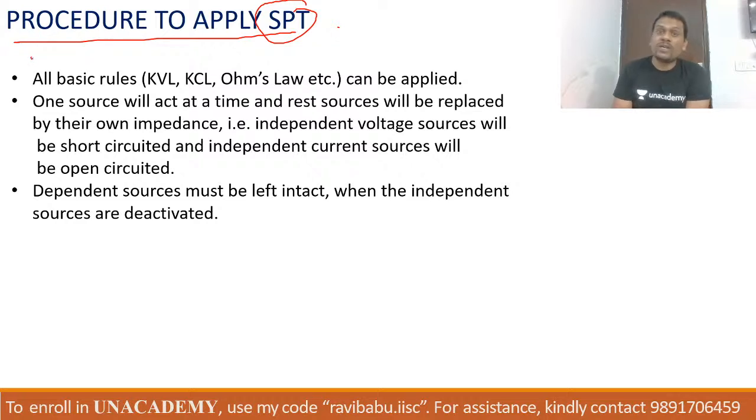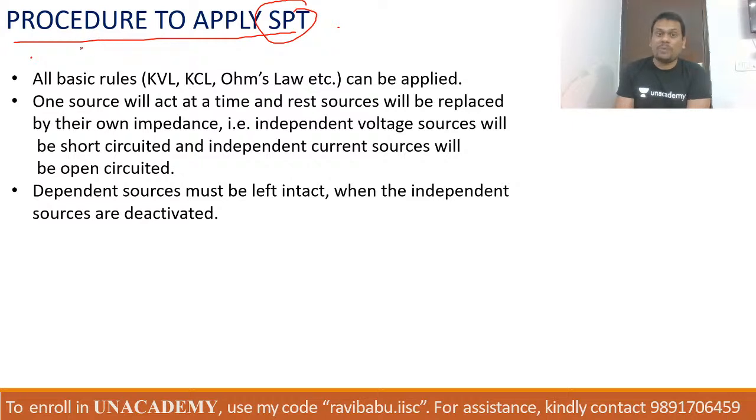And the most important thing, as I told you in the basics of circuit theory lectures, is that dependent sources are not part of the independent elements. So never replace your dependent sources by short or open at the time of applying the superposition theorem.